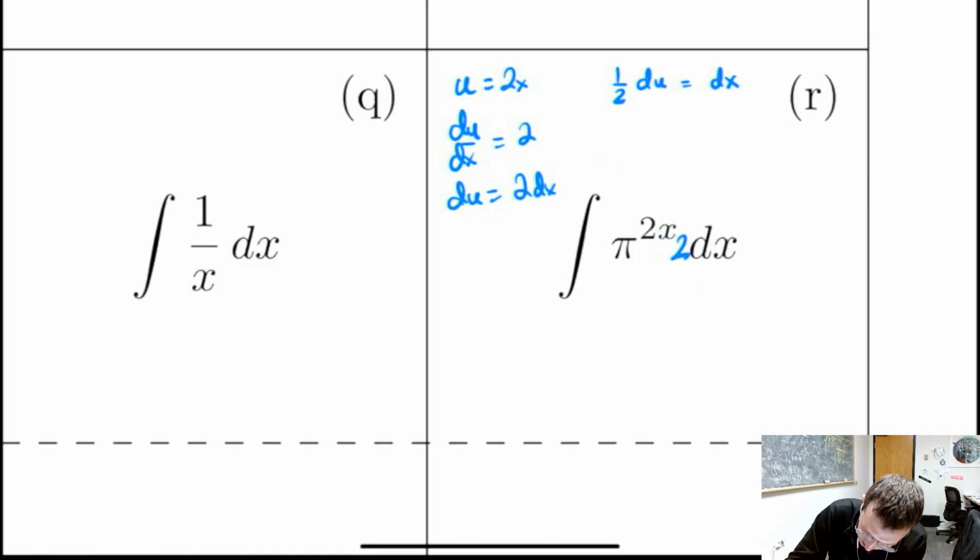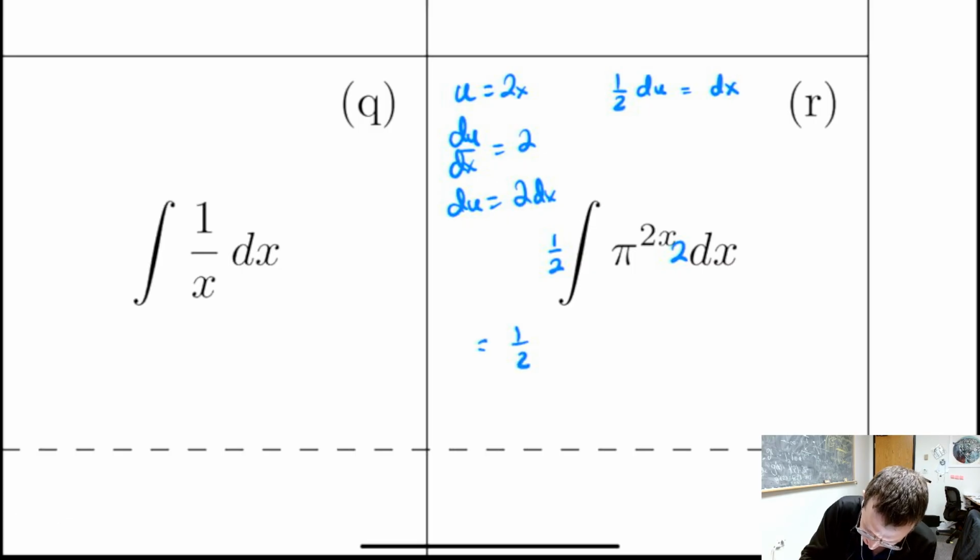What I like to do is, I know that du is equal to 2 dx. I wish I had a 2 here. I don't. But if I want a 2, I can just write in a 2, as long as I also add a 1/2. If I'm missing a constant factor, it's no big deal. I can multiply it in, and also multiply by the reciprocal.